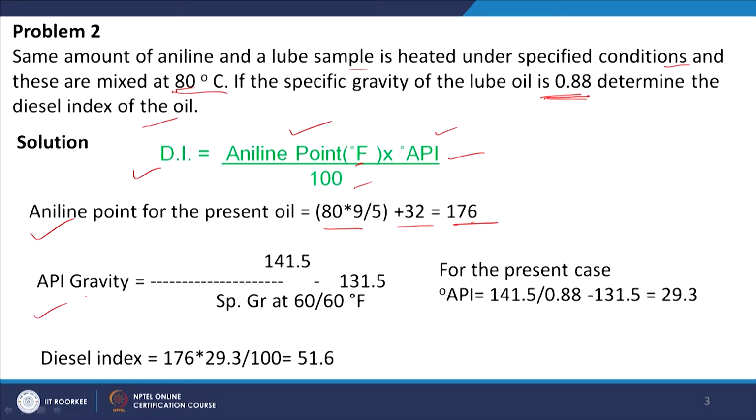This is the formula we already have, so now we put in 141.5 divided by 0.88 minus 131.5. So, 29.3 we are getting here. We put this in the expression: 176 aniline point into 29.3 API, divided by 100. So, it is coming 51.6.